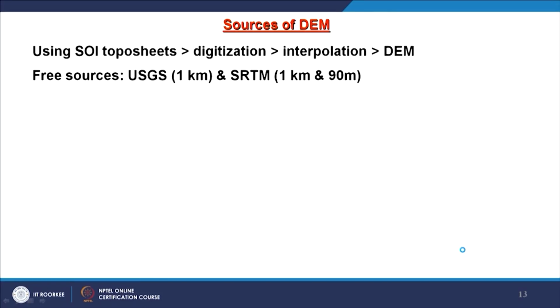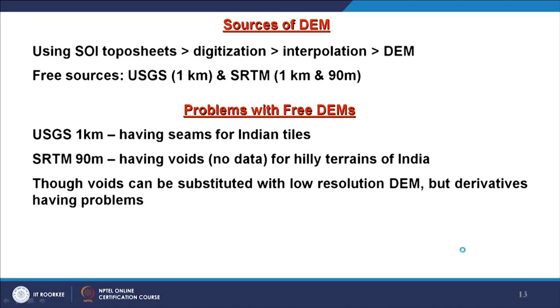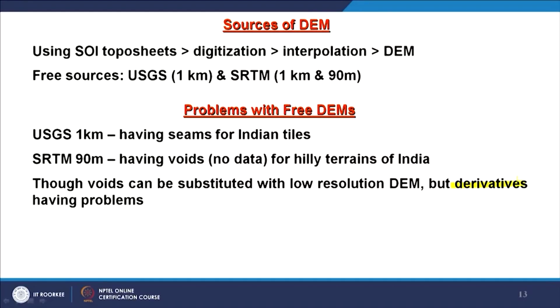Sources of DEM we have already discussed, so I am skipping this part here. A lot of discussion will also take place in future about different resolution DEMs, depending on what derivatives we are going to have. The only point I want to bring here is that when we substitute voids with low spatial resolution cell values from other DEMs, the output we derive from those void-free digital elevation models may provide some problems.